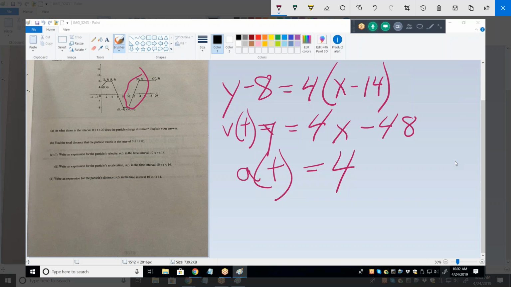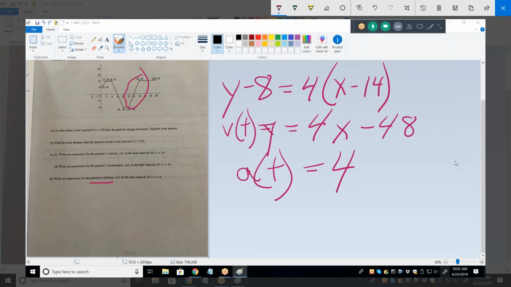Write an expression for the particle's distance in the time interval 10 to 14. They're a little ambiguous here because they say the particle's distance, not the net change in position.